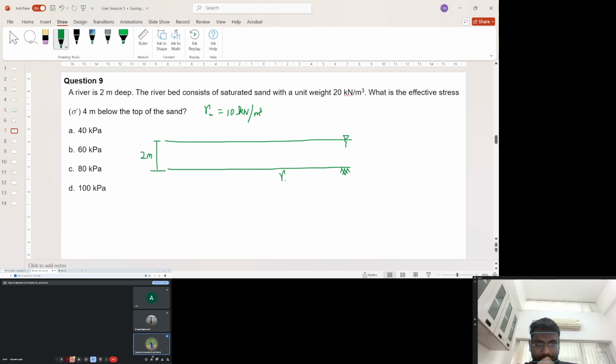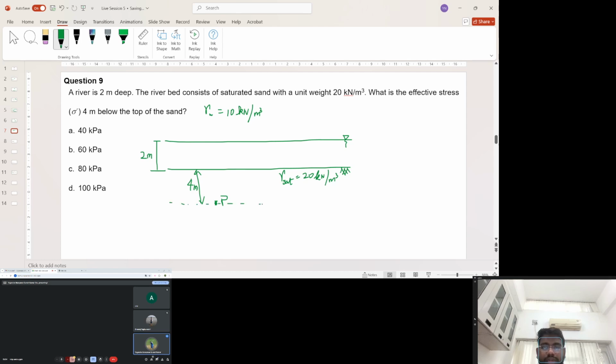So gamma sat, since it is completely saturated, you need not bother about other unit weights. It is 20 kilonewton per meter cube. What we need is the effective stress at 4 meter. So let us consider a point P which is at 4 meters.